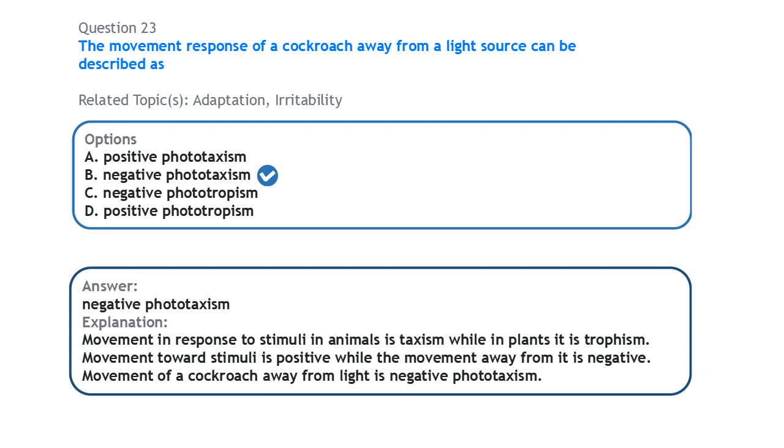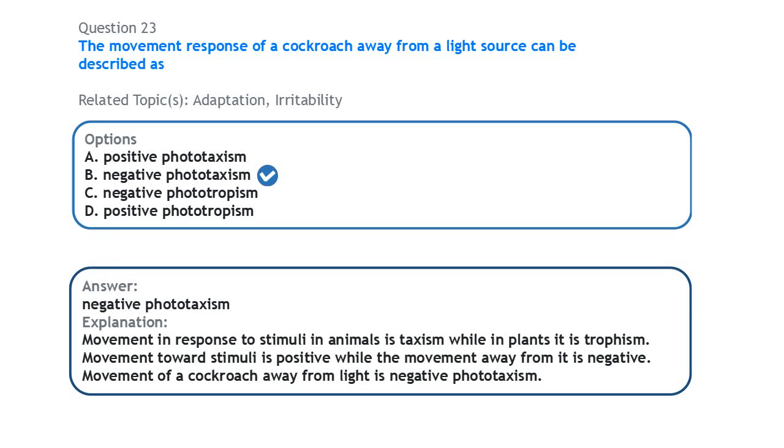Now, why is it taxism and not trophism? It is because in the case of taxism, the organism is able to move wholly. It moves its whole body away from that stimulus or towards that stimulus. But in the case of phototrophism, it is limited movement, as you have in plants. For example, the sunflower has what we call positive phototrophism, not taxism, phototrophism.